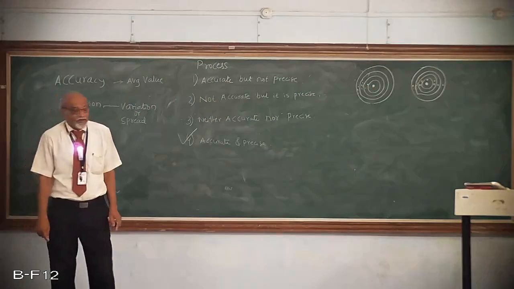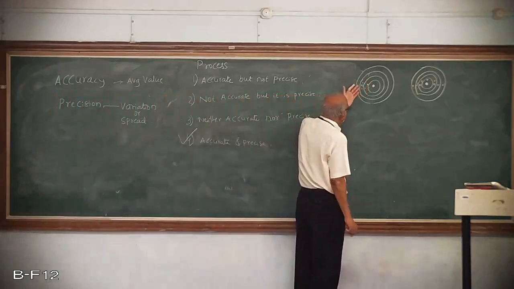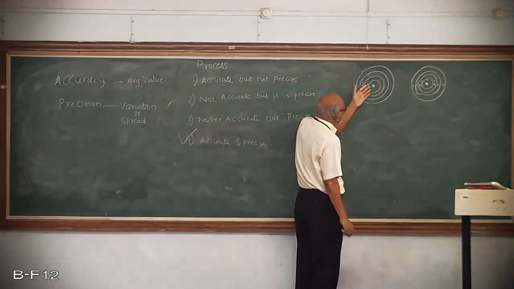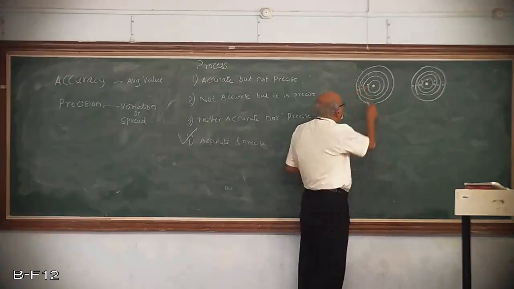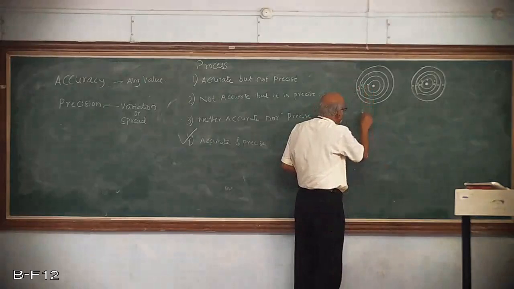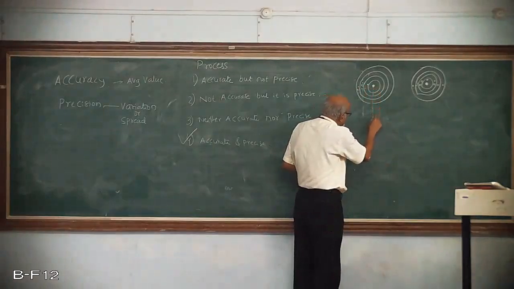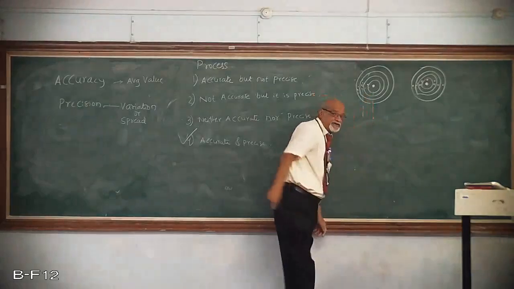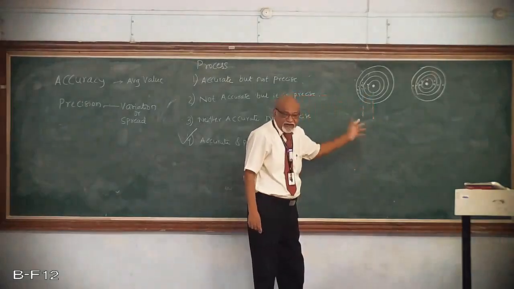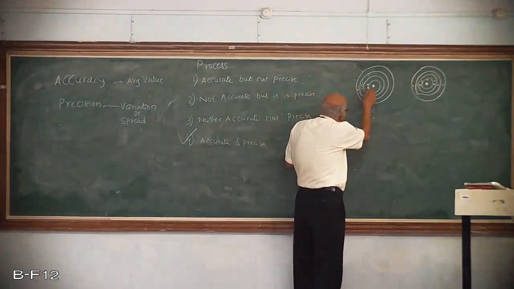Then if I measure the distances, I will find that the average value is somewhere here, whereas the average value should have been here. And if you look at its spread, it has got variation only from here to here.